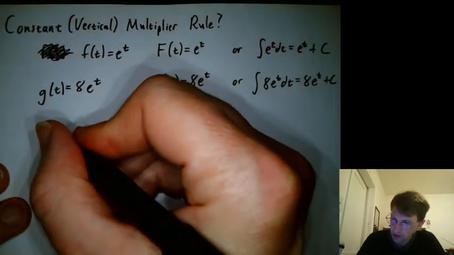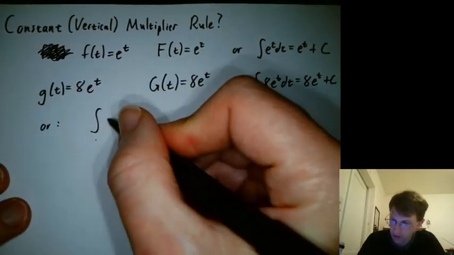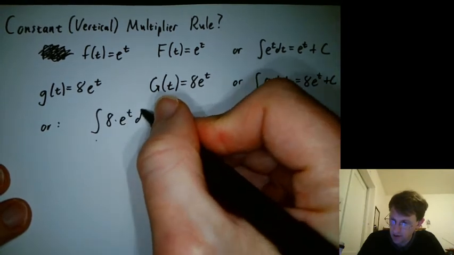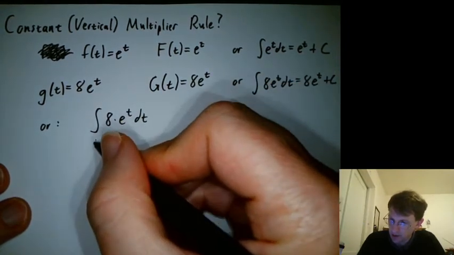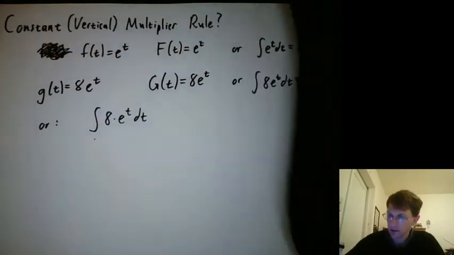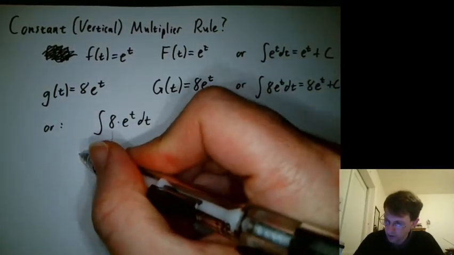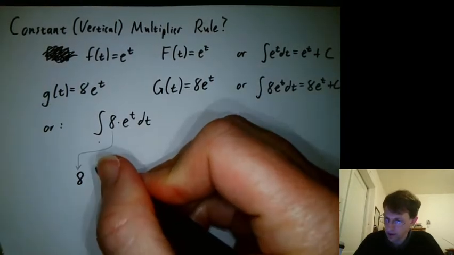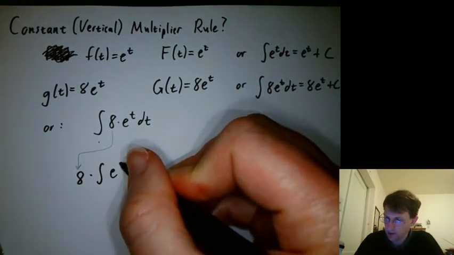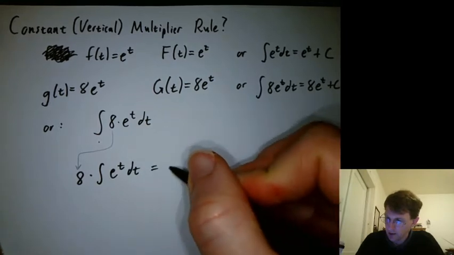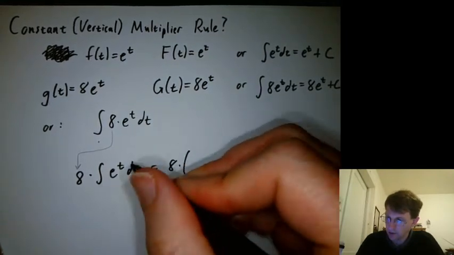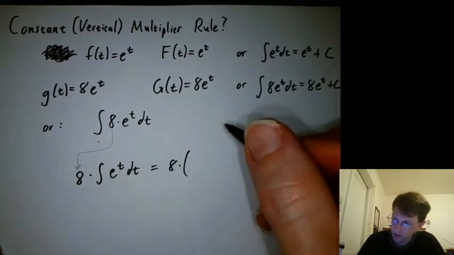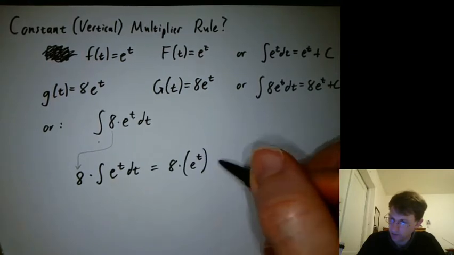Or another way you could write it, you could write the integral of 8 times e to the t dt, and then you could take that 8 and move it out in front of the integral. Say 8 times the integral of e to the t dt, which would be 8 times, what's the integral of e to the t dt? We said it's e to the t.